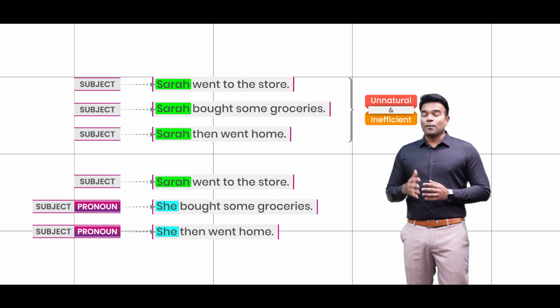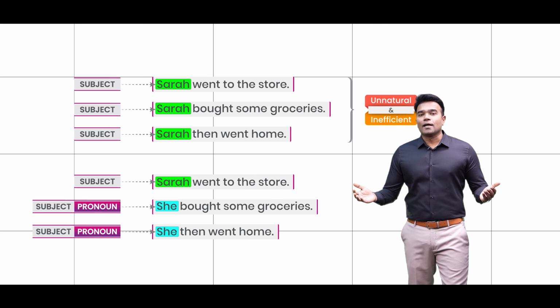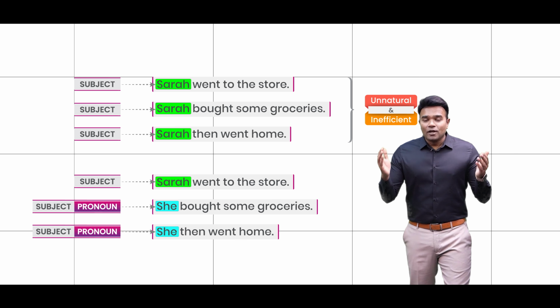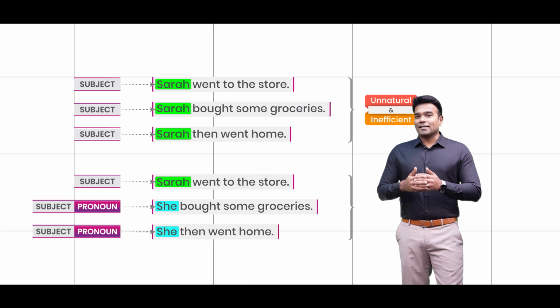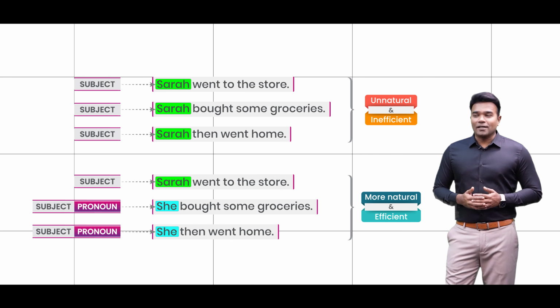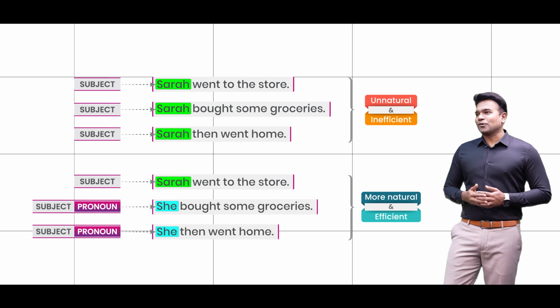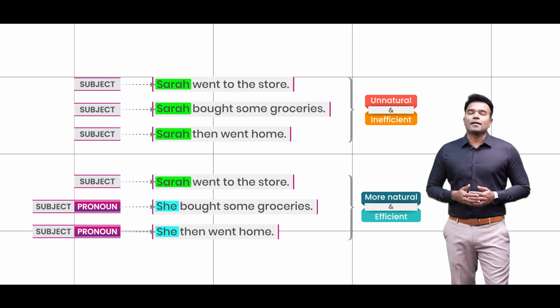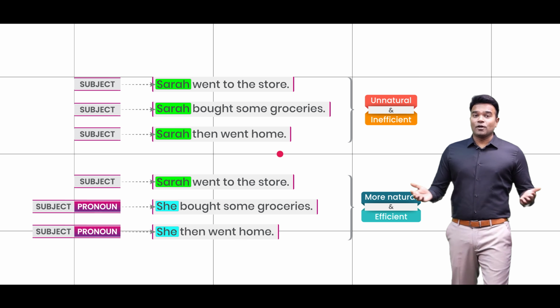But then the moment I replace the subject Sarah with the equivalent subject pronoun, obviously the sentences have become more natural and efficient, and I'm sure that through this example you have been able to understand what really is the role played by a subject pronoun.